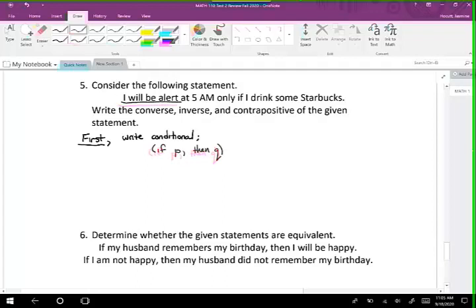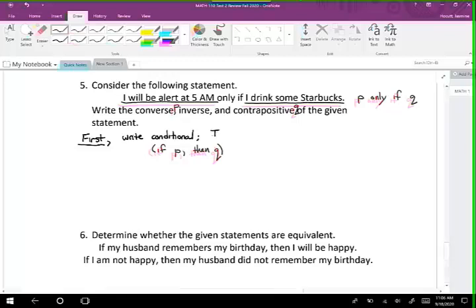So I will be alert at 5 a.m. is my P, and then drinking Starbucks is my Q. And so this statement is in the form P only if Q. And I want to write it in the form if P then Q. So I'm going to keep the same order, but I'm just going to put if and then instead.